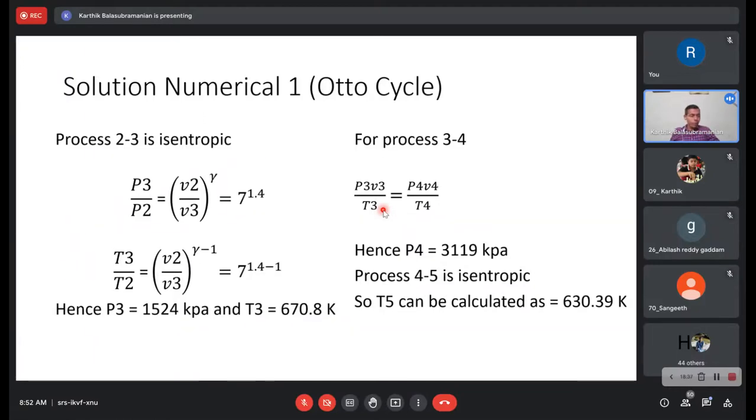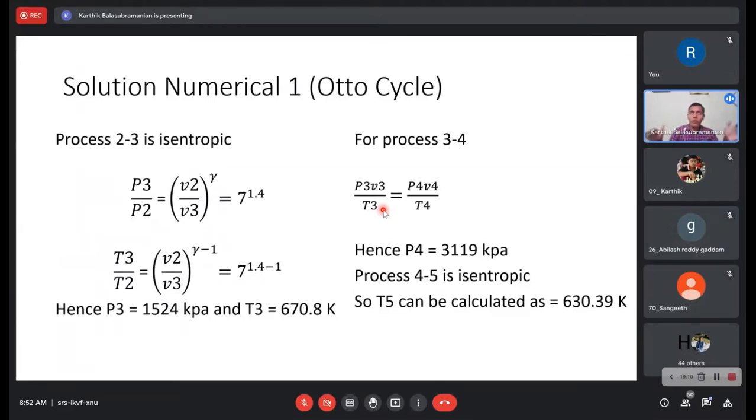P4 is 3119 kilopascal, right? Yes sir, 3119.36 is P4. Good.